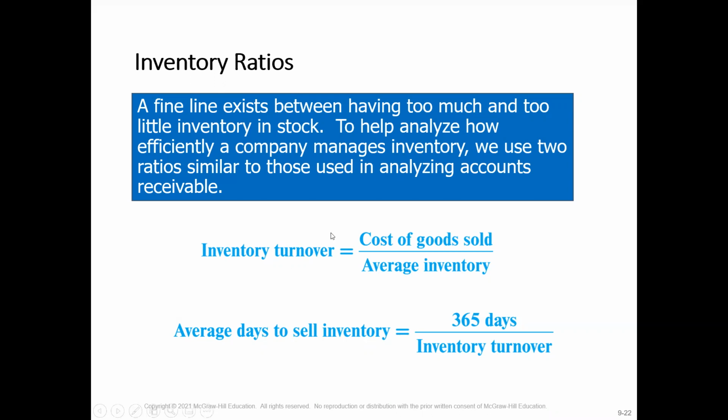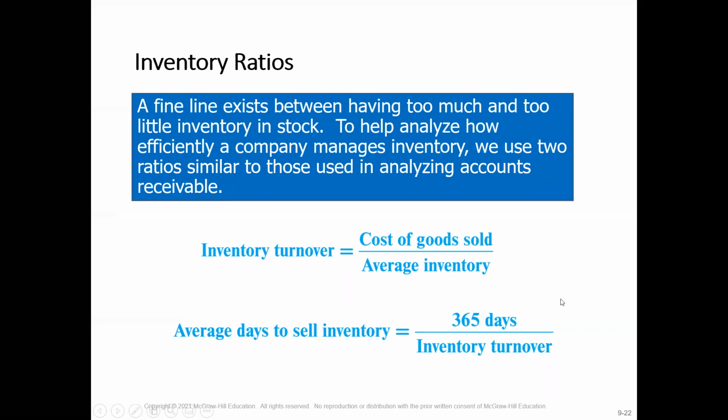So to help analyze how we manage our inventory, we have a couple of inventory turnover based ratios. So inventory turnover calculation is cost of goods sold divided by average inventory. So cost of goods sold, there's a number from the income statement.